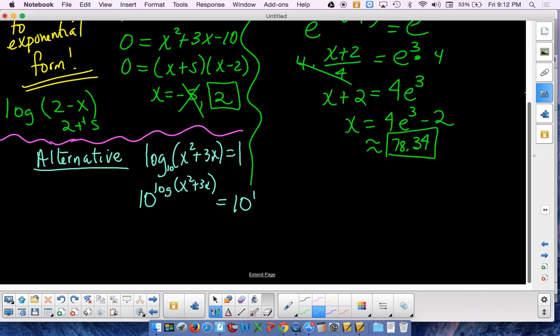On the left side, an exponential function base 10 and a log base 10 cancel out, so I would still end up with x squared plus 3x equals 10, which is the same thing I had up above. So if you like always putting a number underneath each side better, if that seems more logical to you than going to exponential form, go for it. You get the exact same result. Whatever works best for you and processes in your brain is what we want to do.